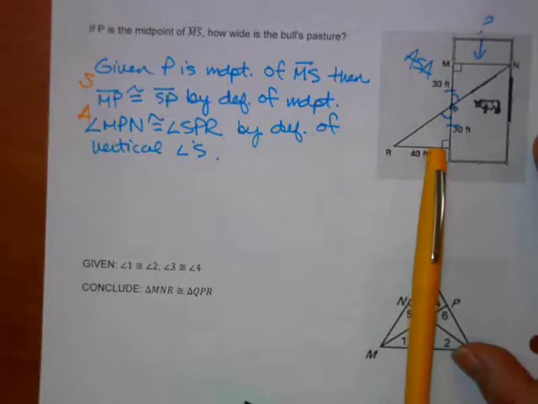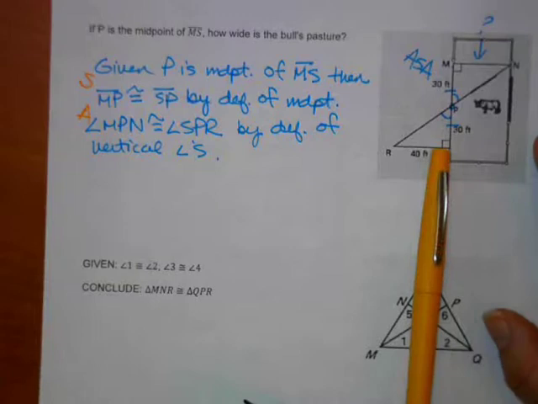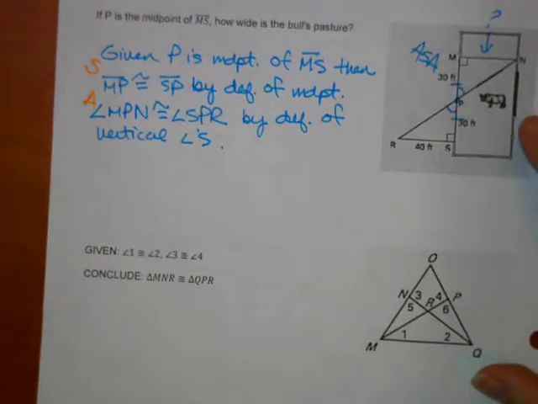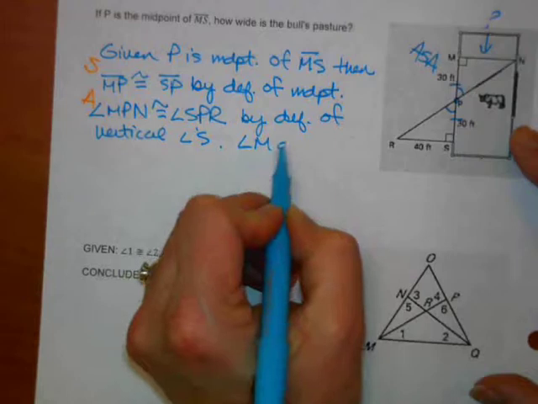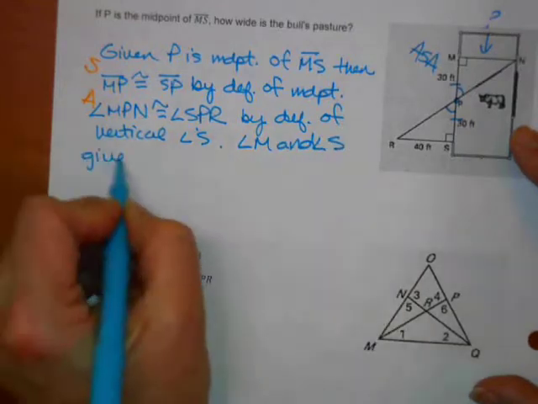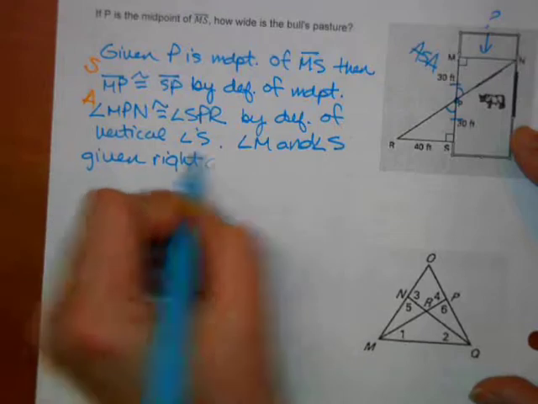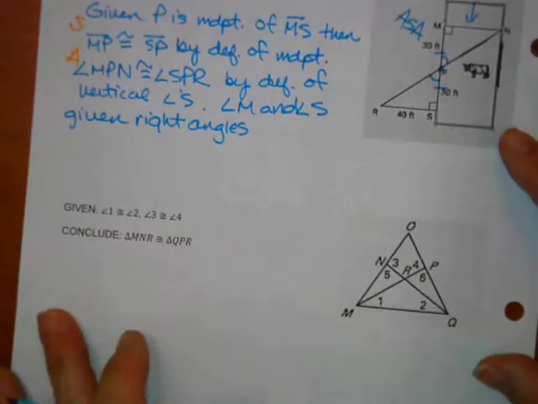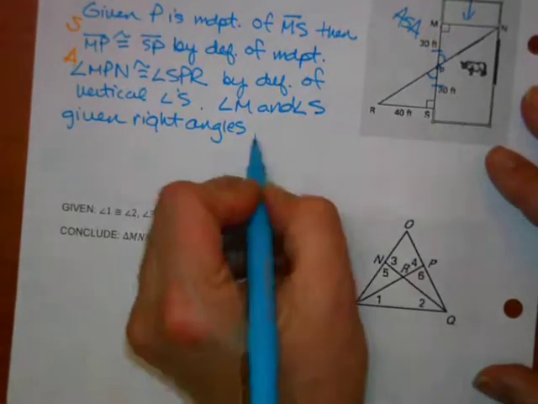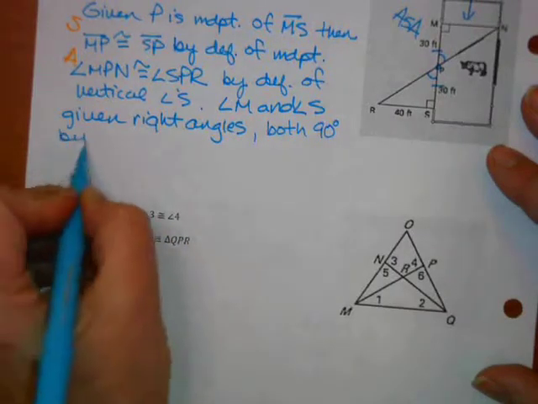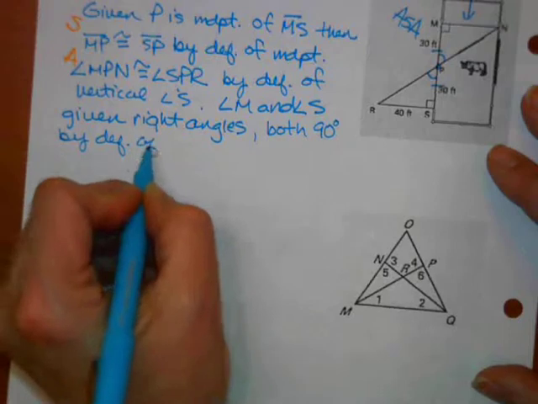They tell us it's right angles. We have to clarify that that means they're both 90 degrees if we're stating that their measures are congruent. So we're just going to start by saying angle M and angle S are given right angles. And then I'm just going to say both 90 degrees by definition of right angles.